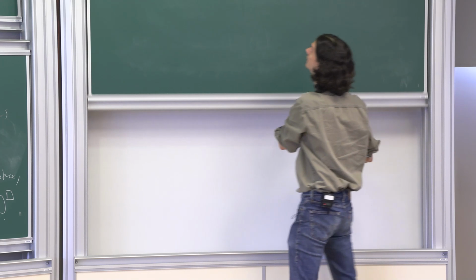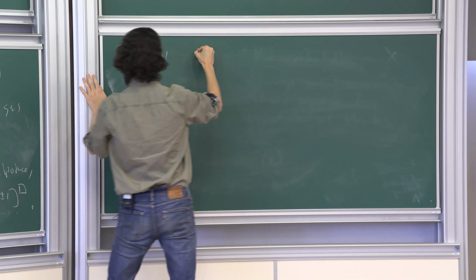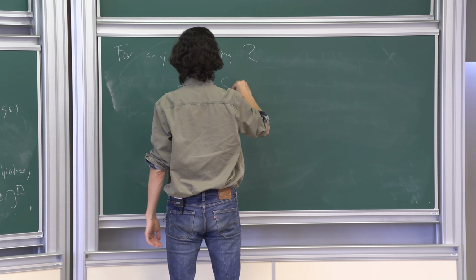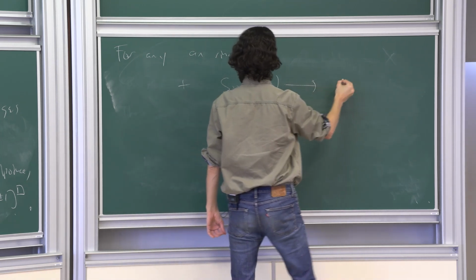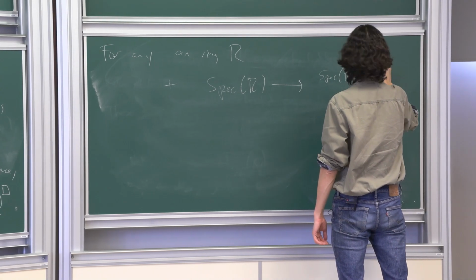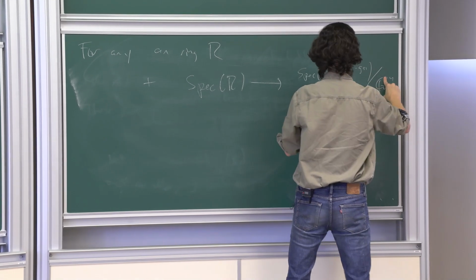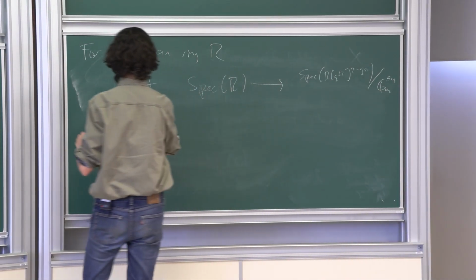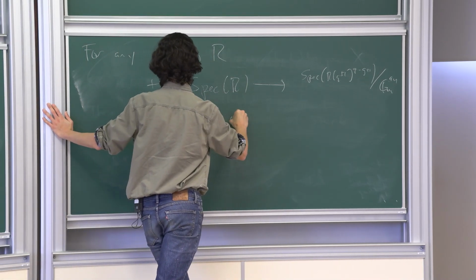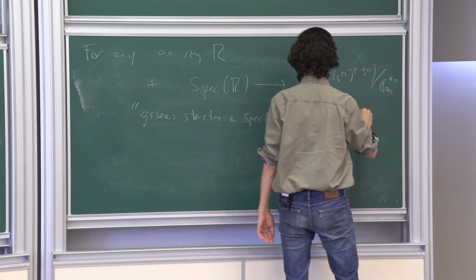And then for any analytic ring R plus a map spec R to this stack, so to speak, mod G_m analytic, that could be called a gaseous structure on spec R. And let's say such that 2 in Z is bounded.